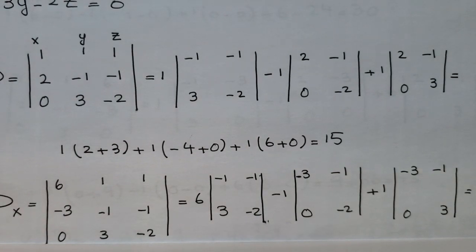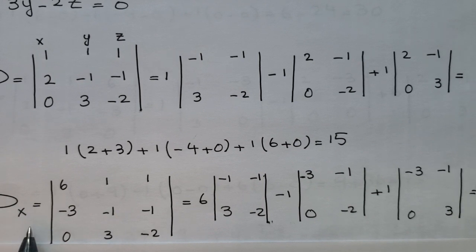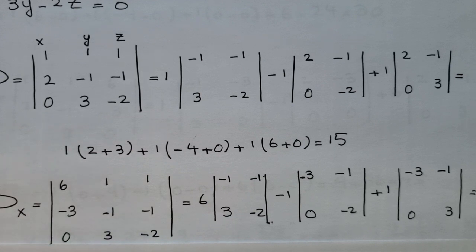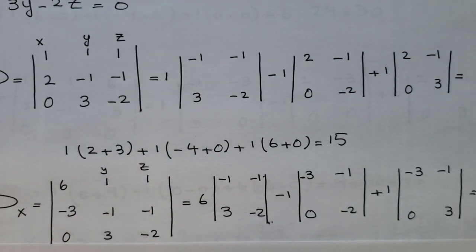Because we are calculating the x, we are talking about the dx, and x is the first variable. So the first column would be substituted by the constants, which are 6, -3, and 0. But the second and third column would not change, so they stay the same.